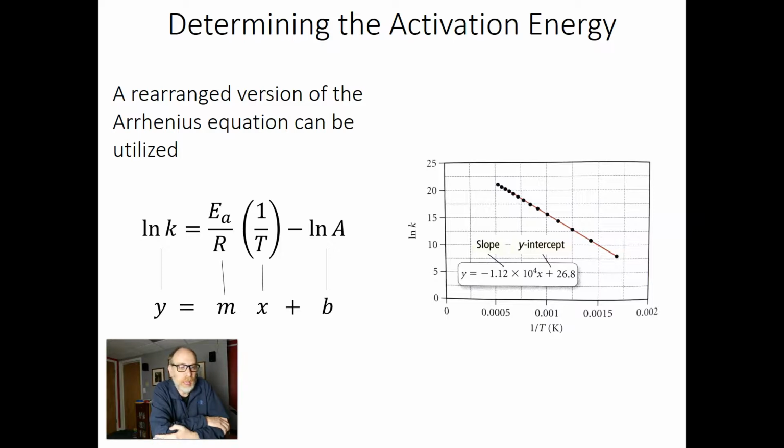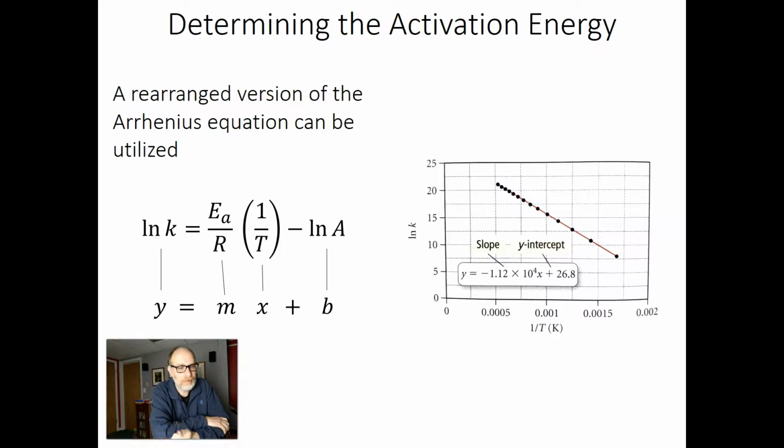That straight line has a y-intercept that tells us about the frequency factor, that term A that told us something about the energy and orientation of collisions. And the slope is going to be the activation energy divided by the gas constant.